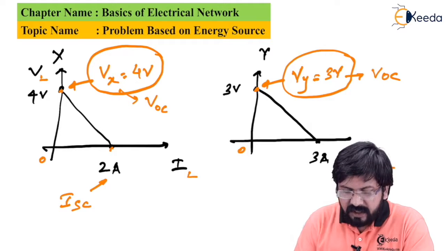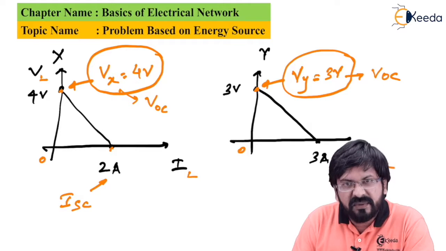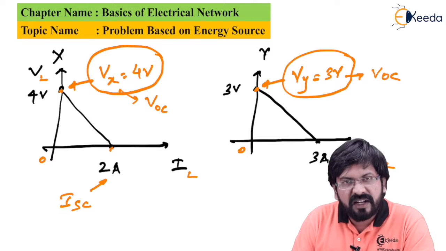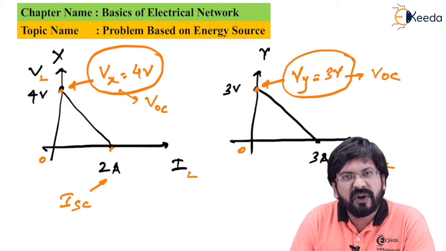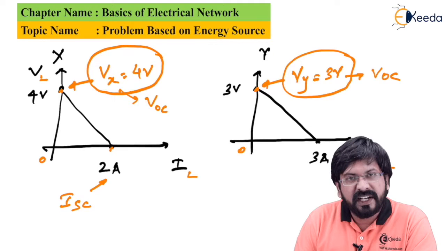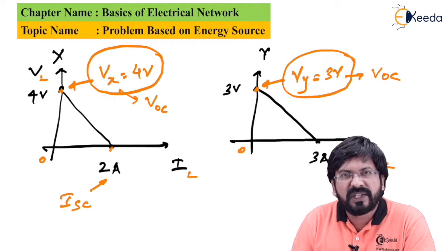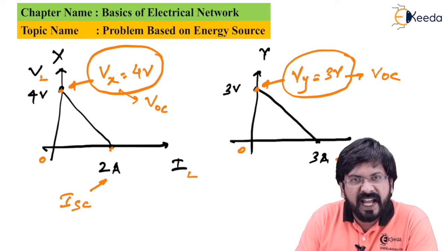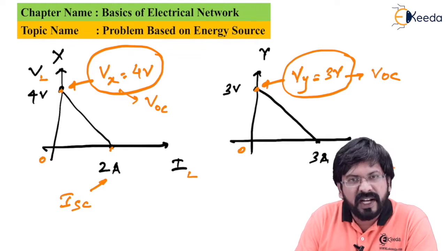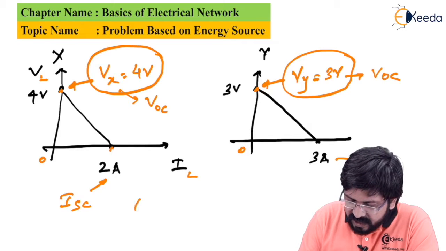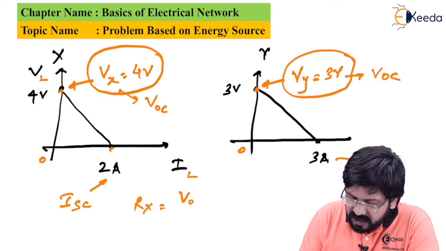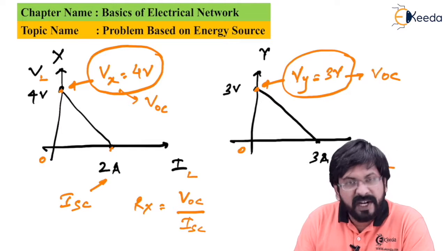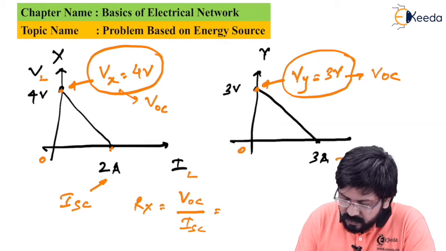Now you may wonder for what reason we have calculated this VOC and ISC. Because this VOC and ISC are responsible for giving you the value of their internal resistances. The internal resistance formula is always open circuit voltage divided by short circuit current. So since this characteristic is plotted for X, I can say that Rx equals VOC by ISC, which in this case is 4 volt by 2 ampere, which becomes 2 ohms.